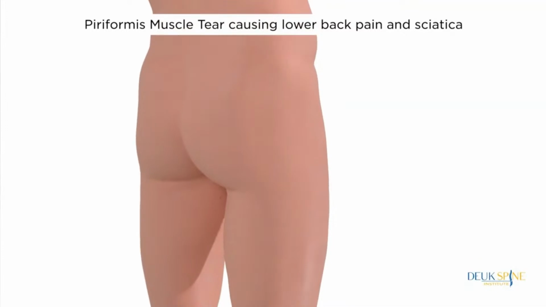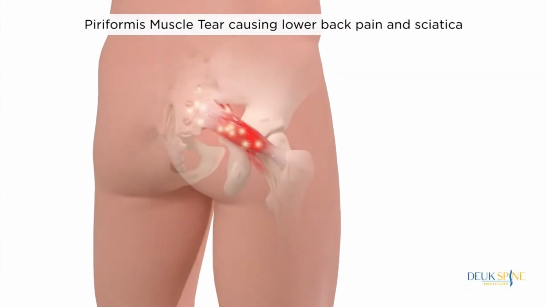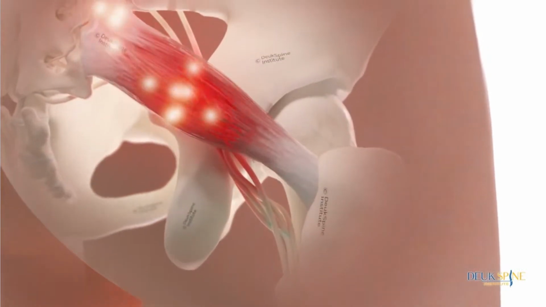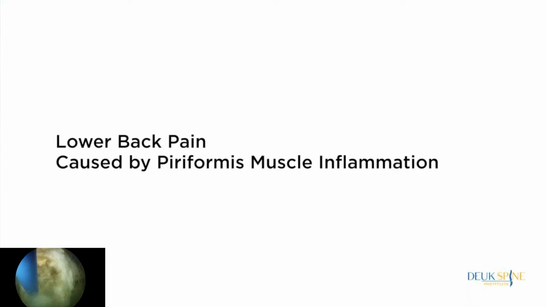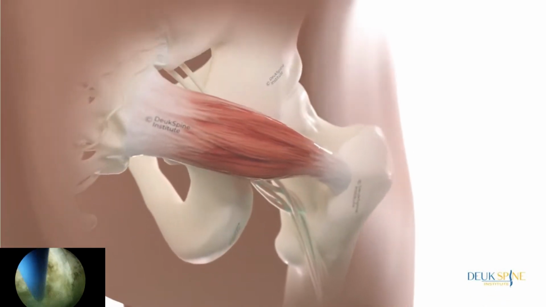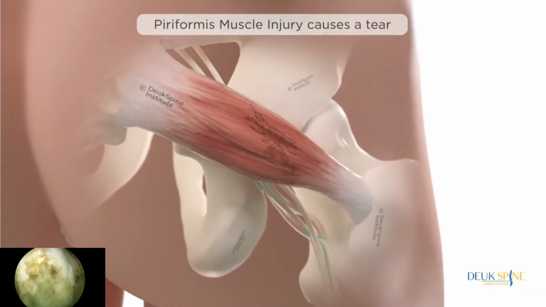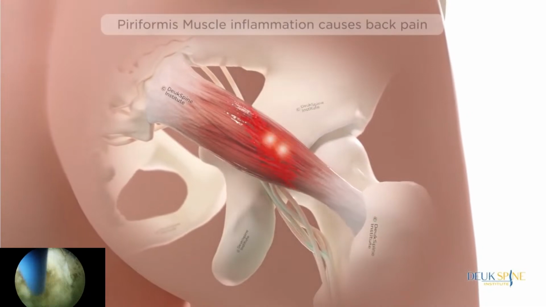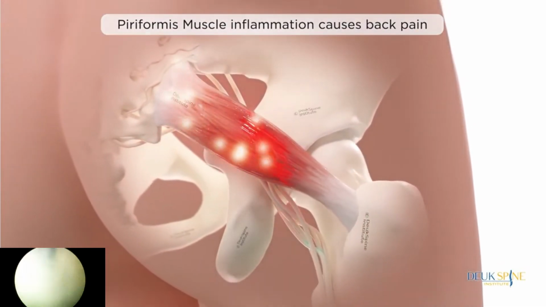A piriformis muscle tear can cause lower back pain and sciatica. A piriformis muscle injury causes a tear, in which piriformis muscle inflammation causes back pain.